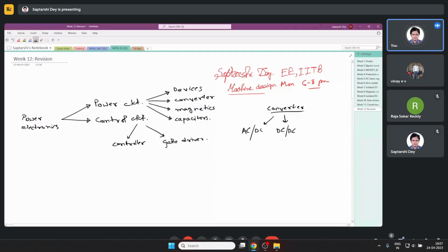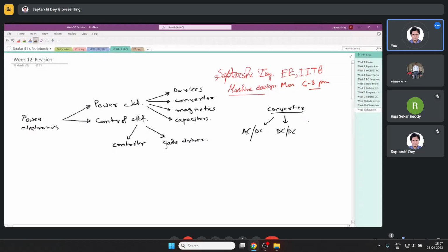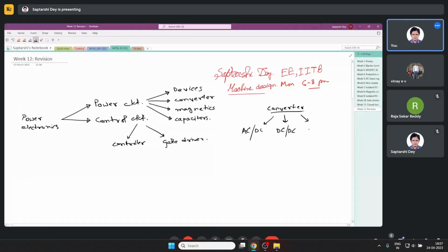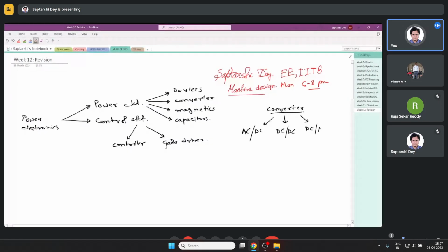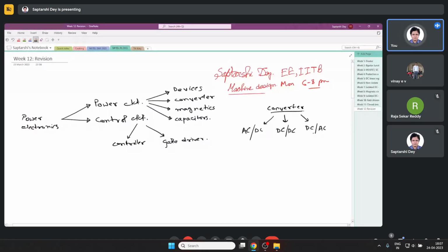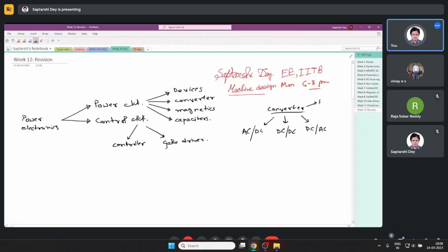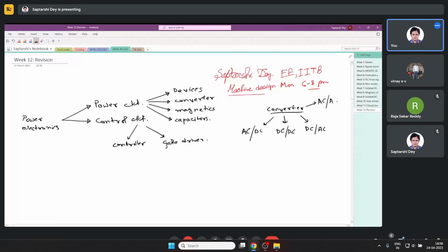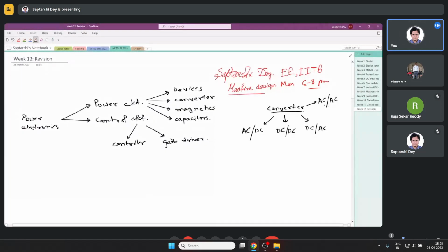Both isolated and non-isolated types of converters we have studied, and DC-AC, that is inverters, have been discussed in the last lecture only. On the other hand, there is another type of converter, the AC-AC converter, the cycloconverter.